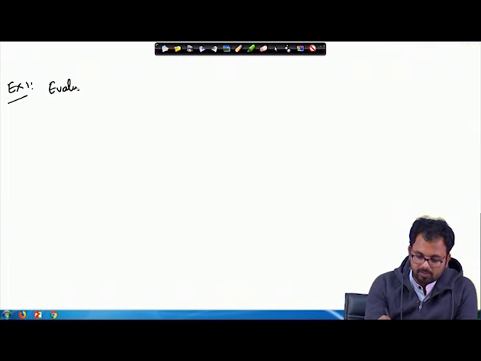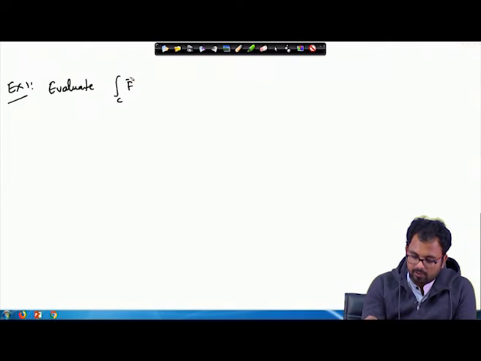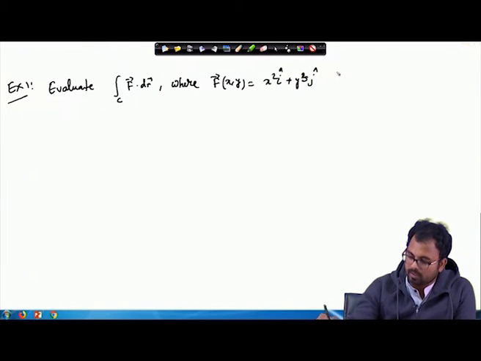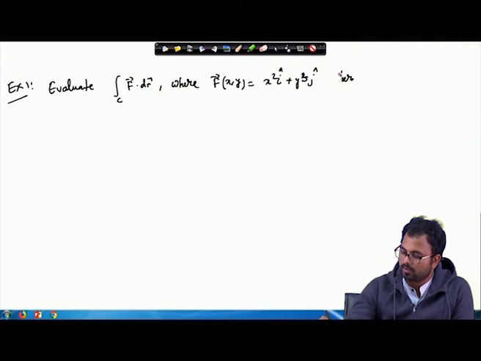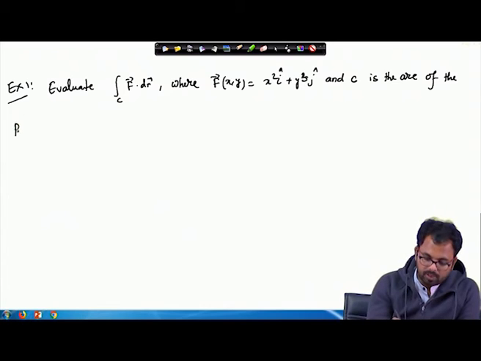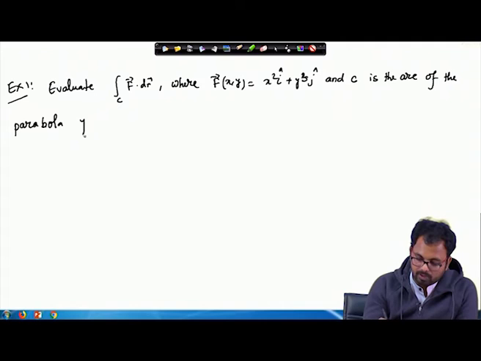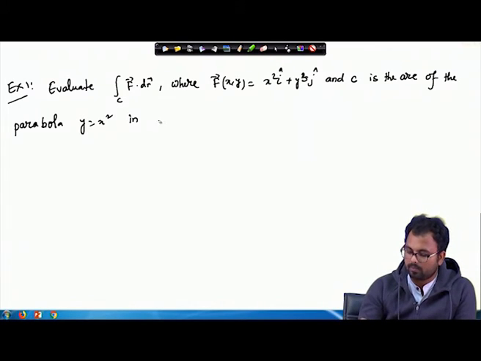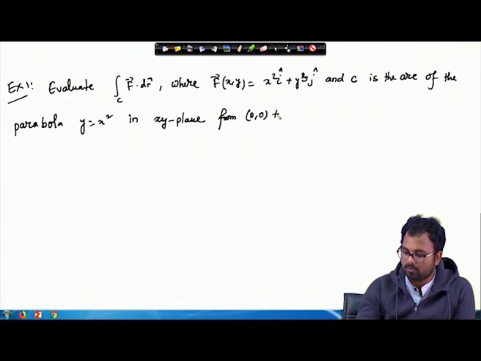The first example is: evaluate the integral over the curve C of f dot dr, where f(x, y) is x squared times i plus y cubed times j, and C is the arc of the parabola y equals x squared in the xy plane from (0, 0) to (1, 1).